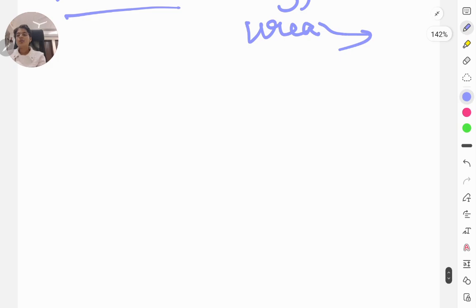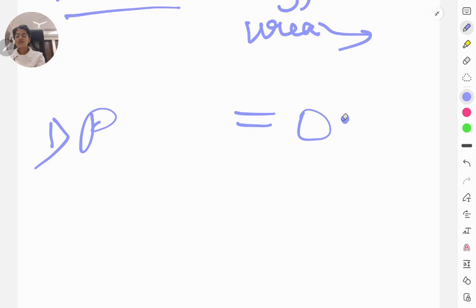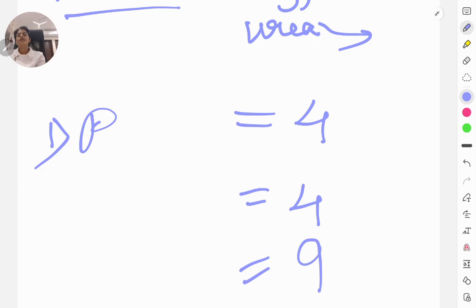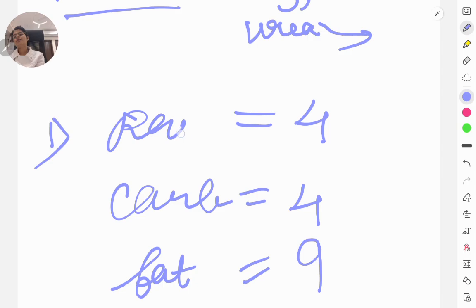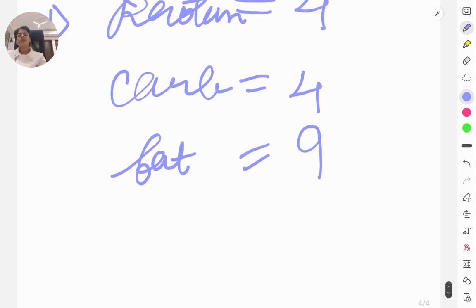Now we need to know the calorific value of some of them. It is 4 for two of them but 9 for one of them. So 9 is for fat, clear, 9 calorie per gram, and the remaining two have 4.